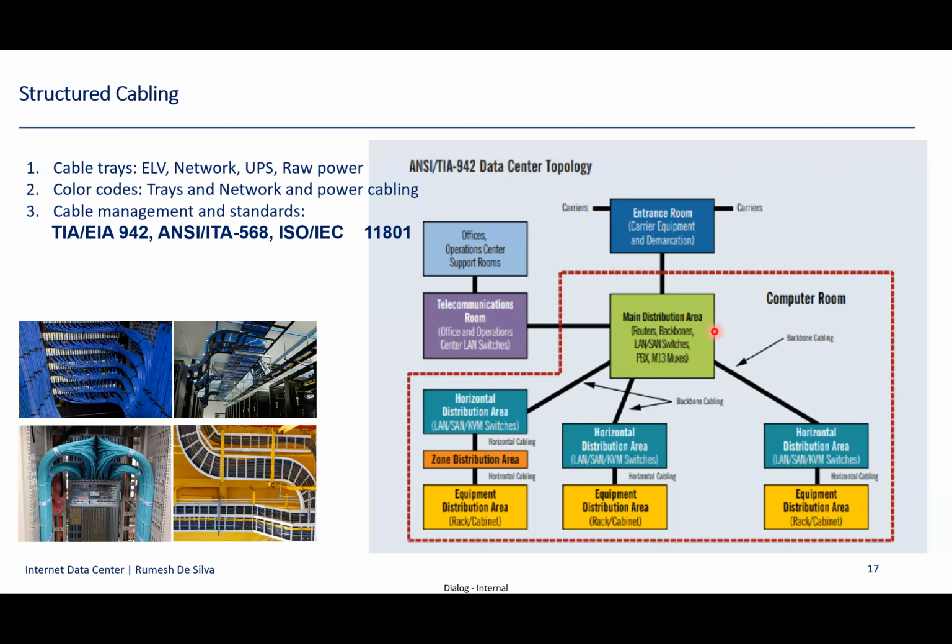Here you can see the architecture, how backbone cabling is distributed, and how the horizontal distribution area is allocated, and how carriers, meaning ISP cables, are coming through the entrance room. Likewise, I have shown you the structured cabling map.